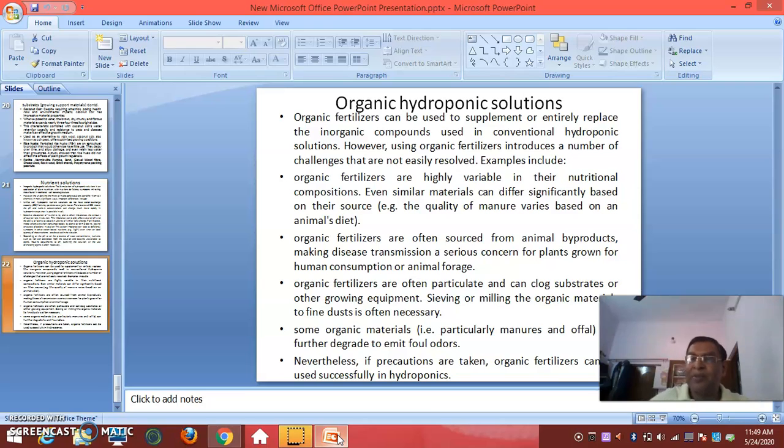Why do people have to resort to these organic manures, even in normal agriculture? Because people are buying more at a high cost. So there is a value addition. If they have grown these agricultural produce organically, particularly vegetables and so on, then there is much more value addition to the agricultural produce.